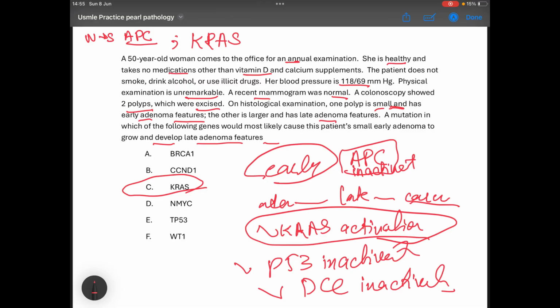Normally, KRAS codes for G protein-like proteins, and it regulates the cell cycle by stimulating and inhibiting as necessary. Mutation of KRAS into an oncogene leads to a constitutively active GTP-bound protein. And for the malignant transformation, that step requires mutation of TP53.